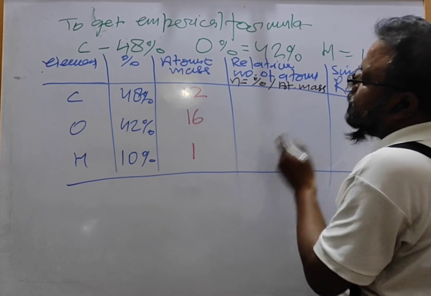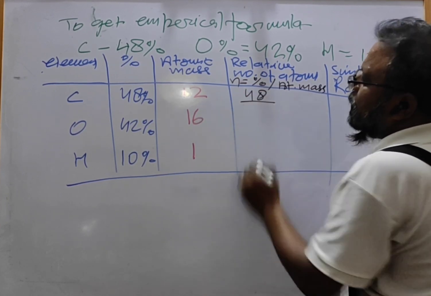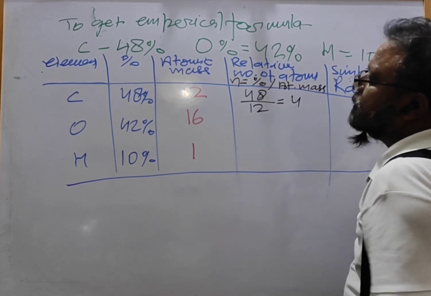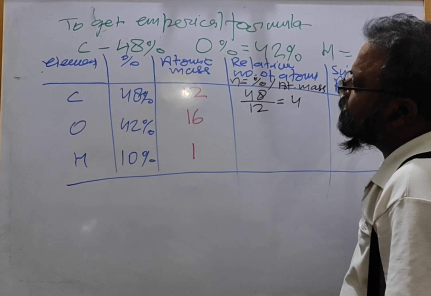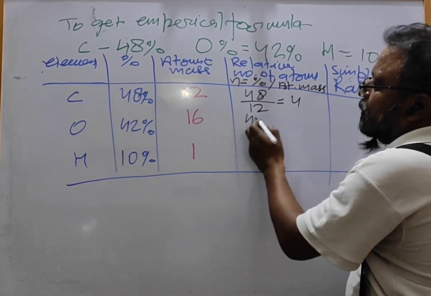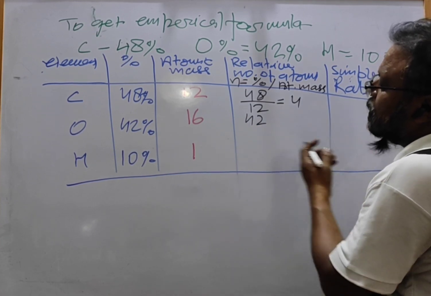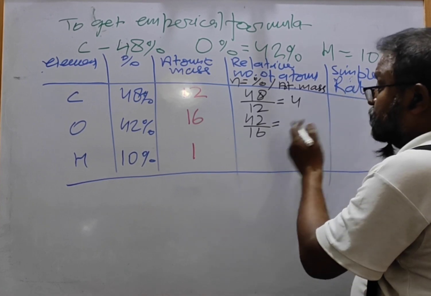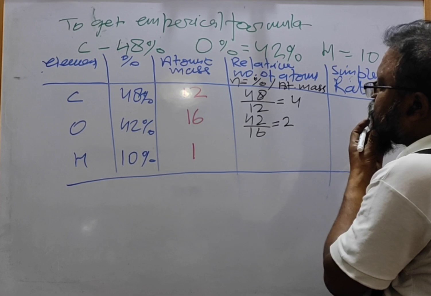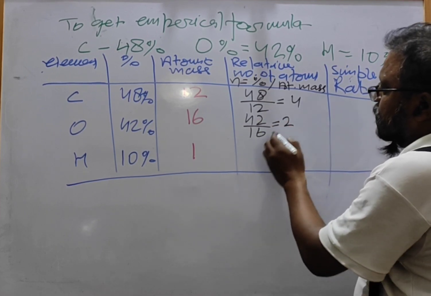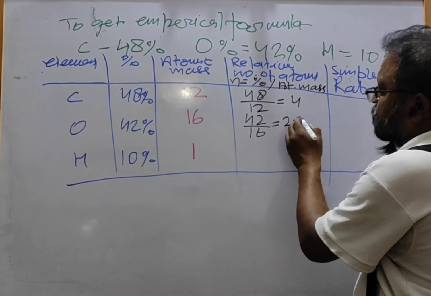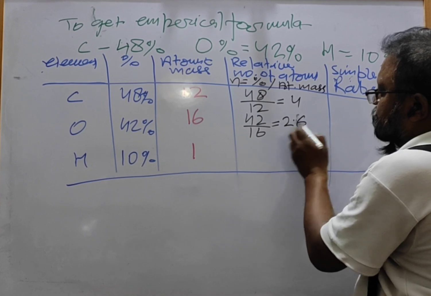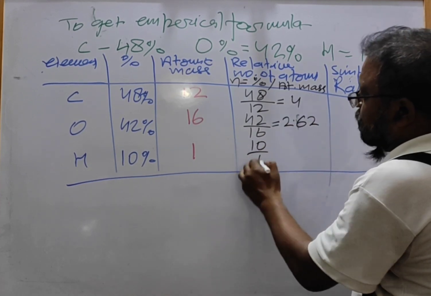So for carbon it is 48 upon 12, which is 4, and for oxygen 42 upon 16, which is about 2.6. Now 10 divided by 1 becomes 10.